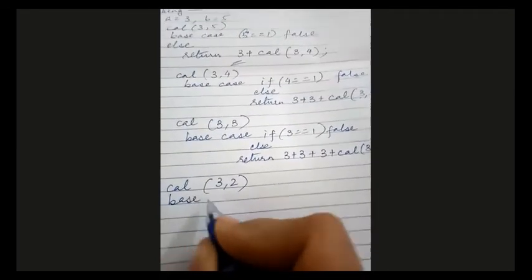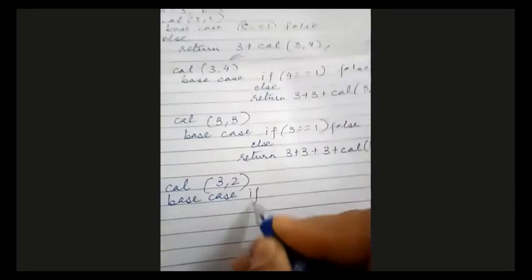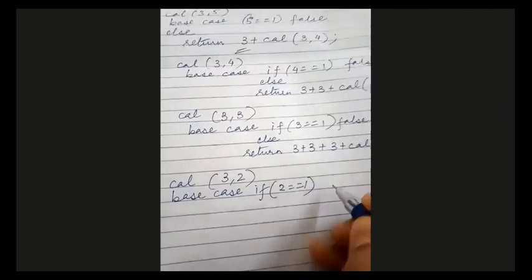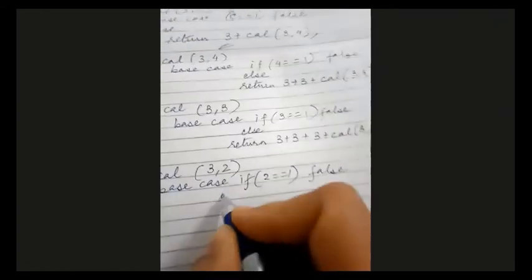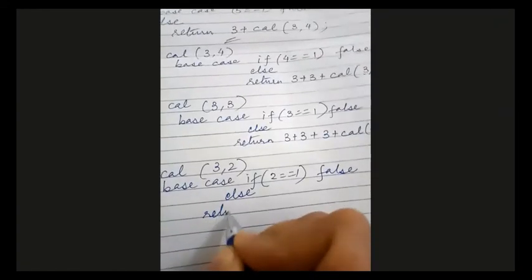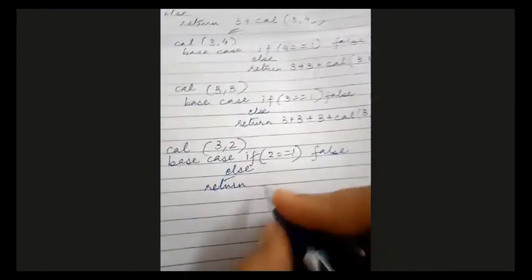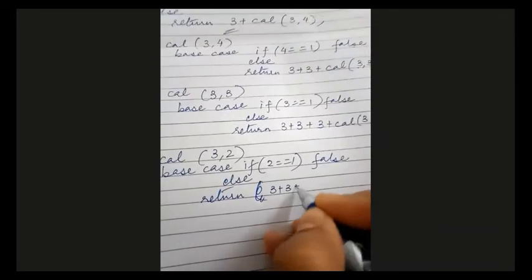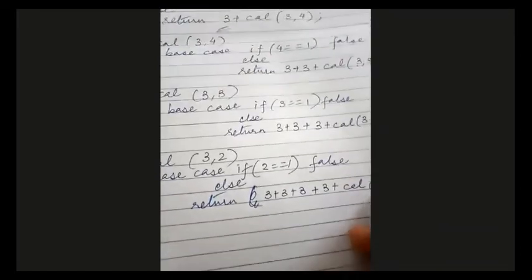Base case is what? If b double equals 1, b is 2, and 2 double equals 1 is again false. So we go to the else part and return. There were 3s already, and then again 3 plus cal 3 comma 1.